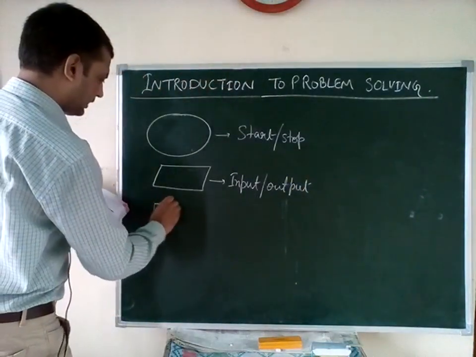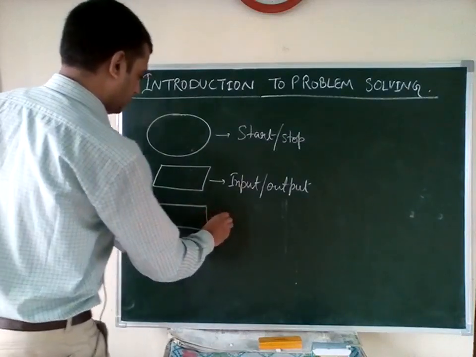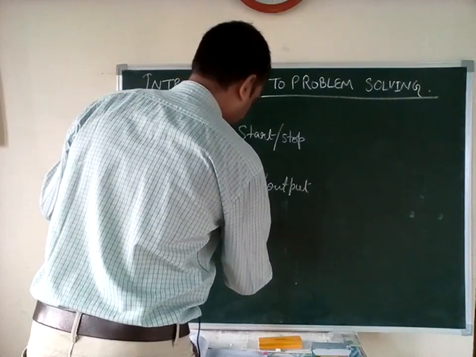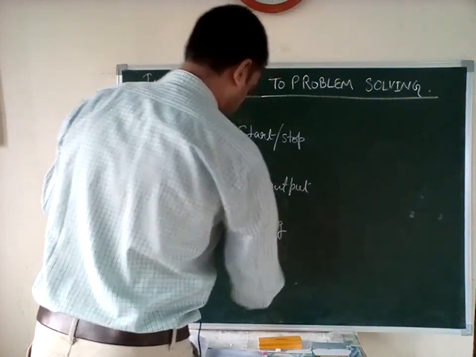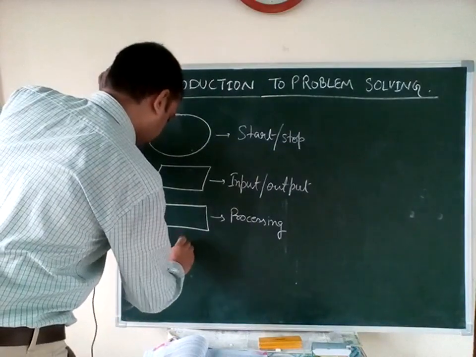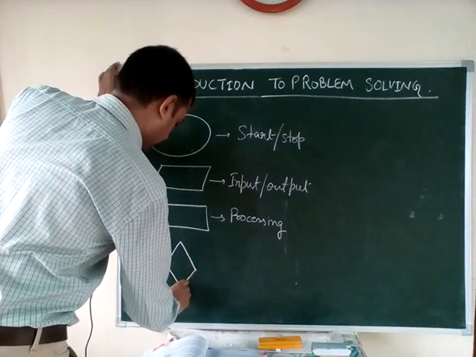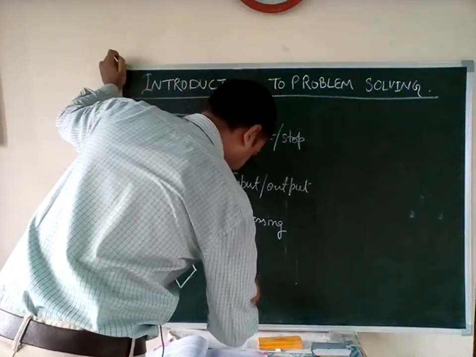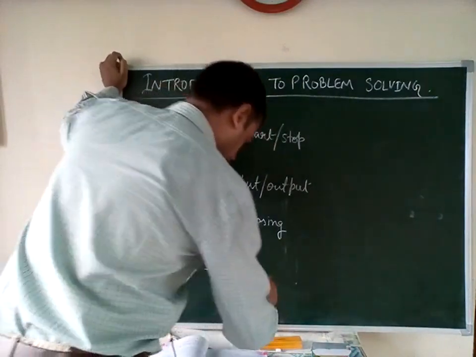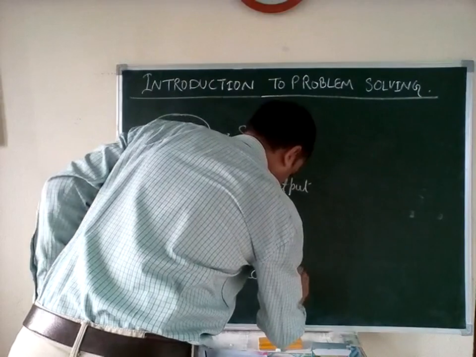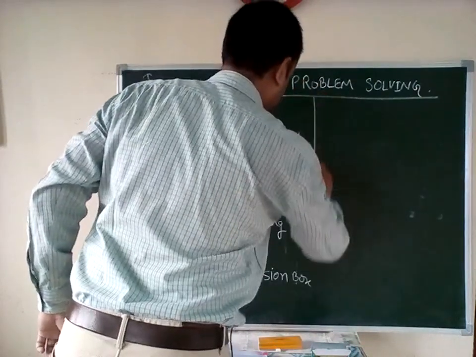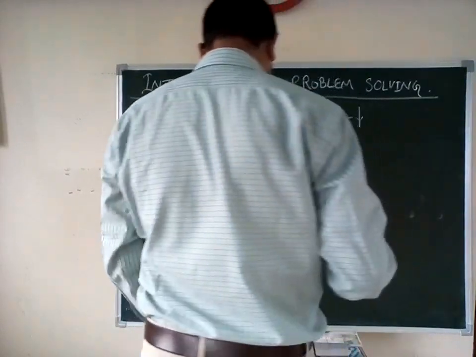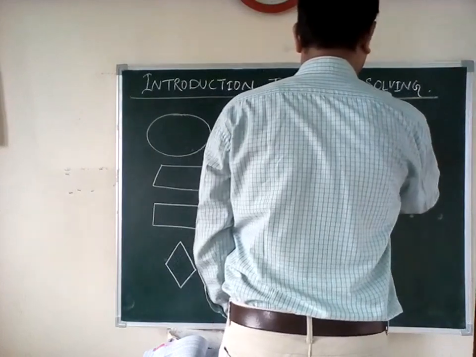If you are using a rectangle, then this is processing part. Then if it is this, then decision box. If the line is like this, it is called flow of control.